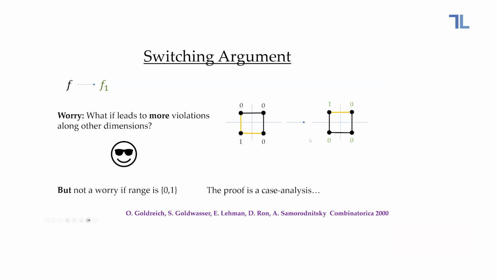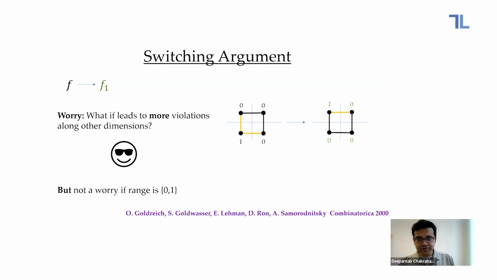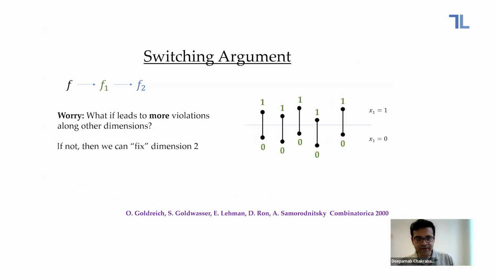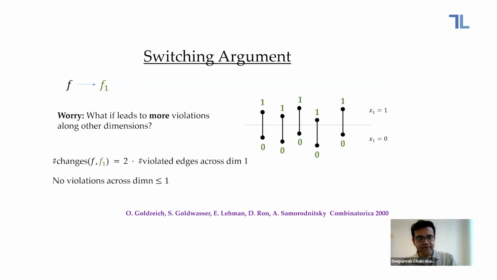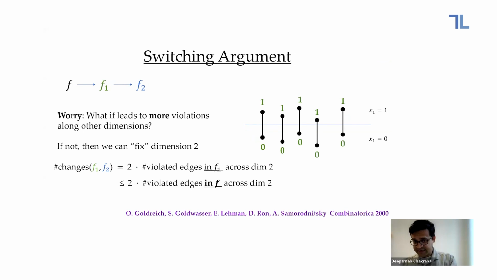Excellent. So the upshot is, maybe I wanted to go back here, that this worry does not happen. And therefore, when I keep going from F1 to F2, the number of changes is bounded by the number of violated edges across F. And as was being said, when I go from F1 to F2, I don't have violations across dimension 2, but not across dimension 1, because the number of violated edges in F1 across dimension 1 is 0, and that number is also unchanged.